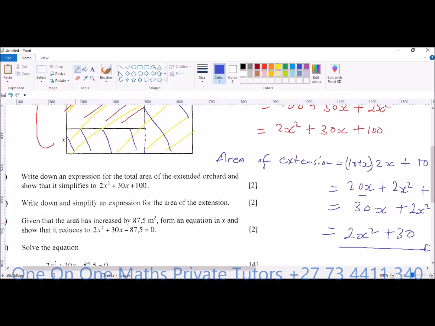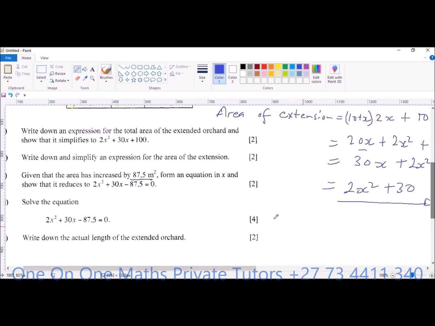Okay, so we are saying the extension is 87.5 square meters. So we are saying this is the area of the extension, 2x squared plus 30x is equal to 87.5.